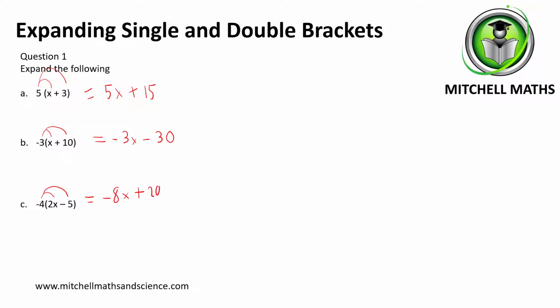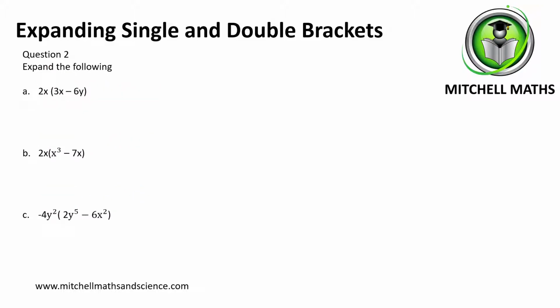Now let's have a look at some more complex ones, and still with single brackets. So the first one, it's 2x times 3x. And you need to multiply the numbers and the algebra parts sort of like separately. So you've got 2 times 3, which is 6. And you've got x times x.